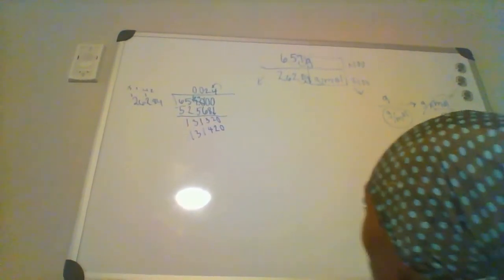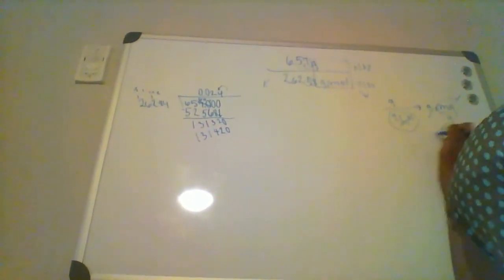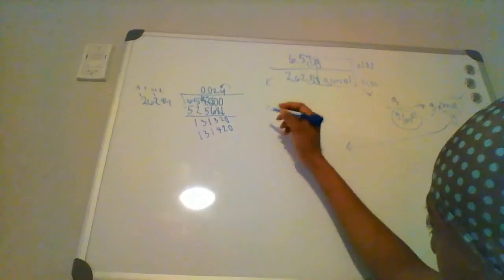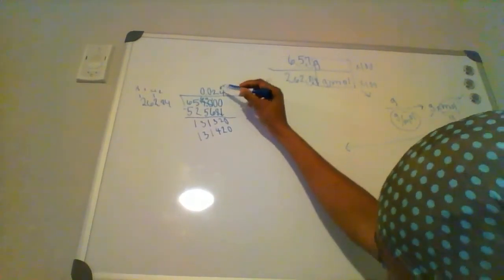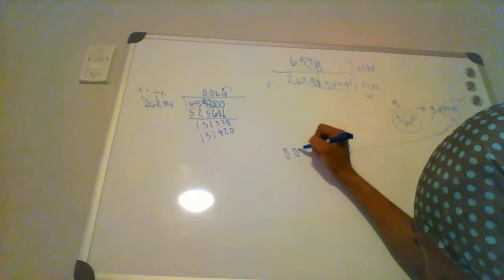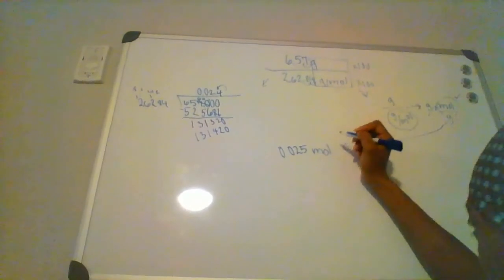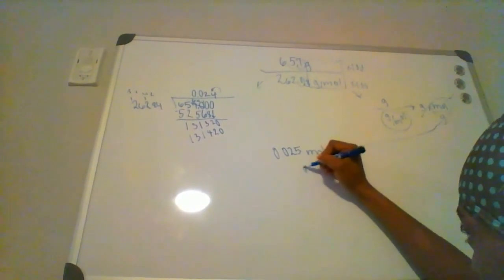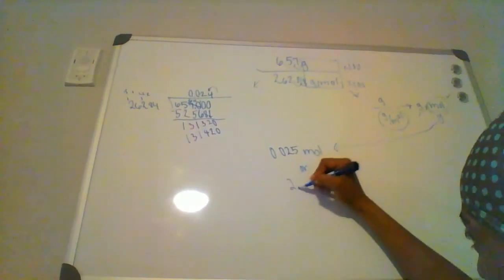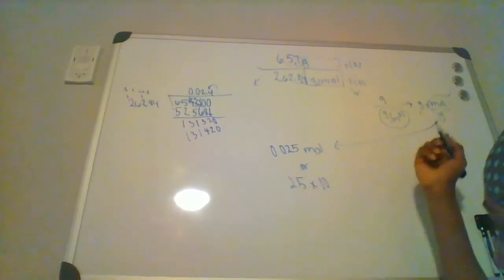And that's that. So our final answer is going to be, if we combine the units, and then I'm going to round this up to 5, 0.025 moles, or in scientific notation, 2.5 times 10 to the what power.